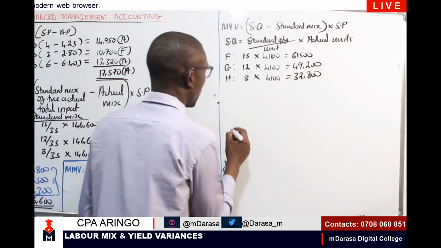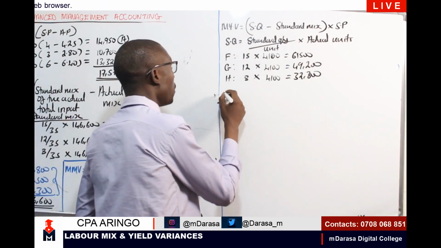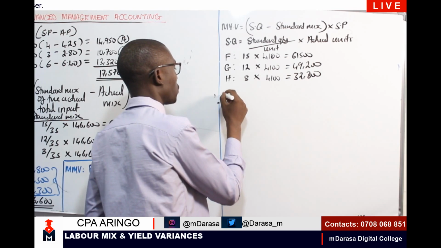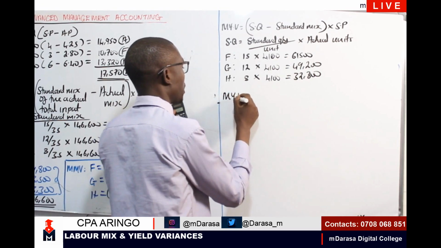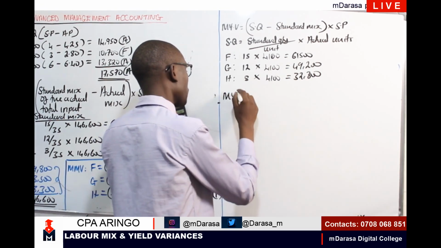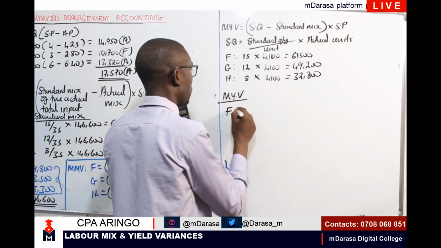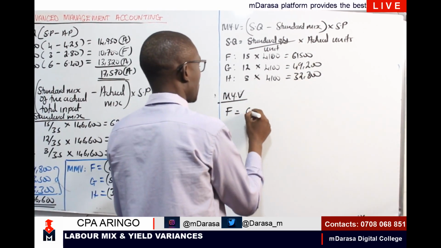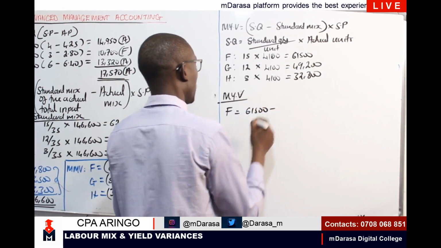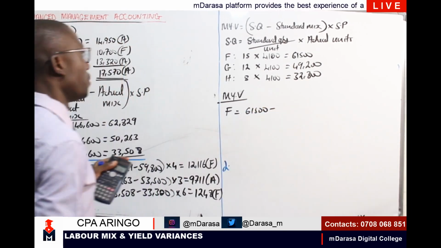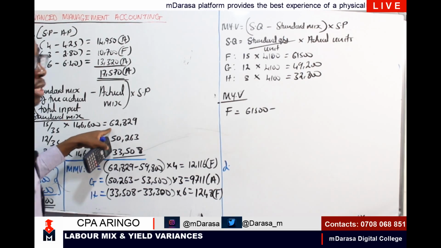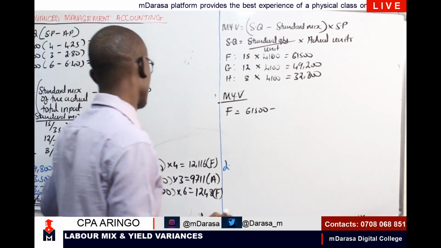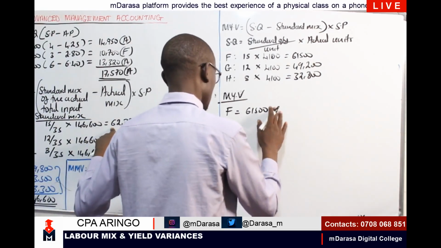So my material yield variance for F: we should be having our standard quantity, 61,500, less our standard mix. Standard mix, we already determined it here, 62,829.